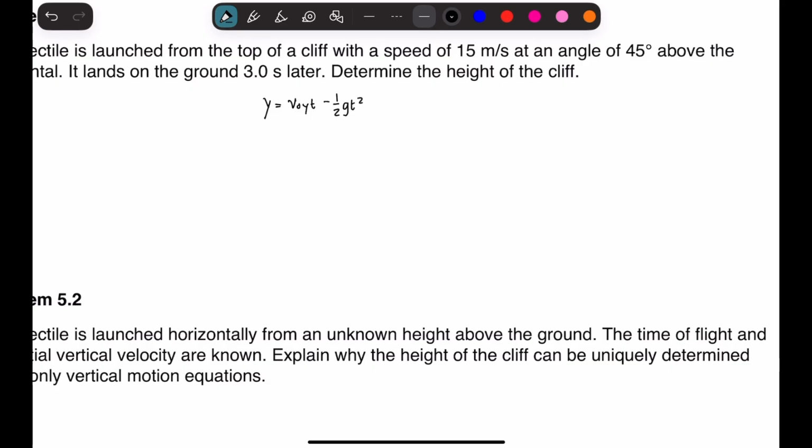We can solve for v initial y, that's going to be equal to 15 sine 45 degrees, and that's going to go to 10.6.